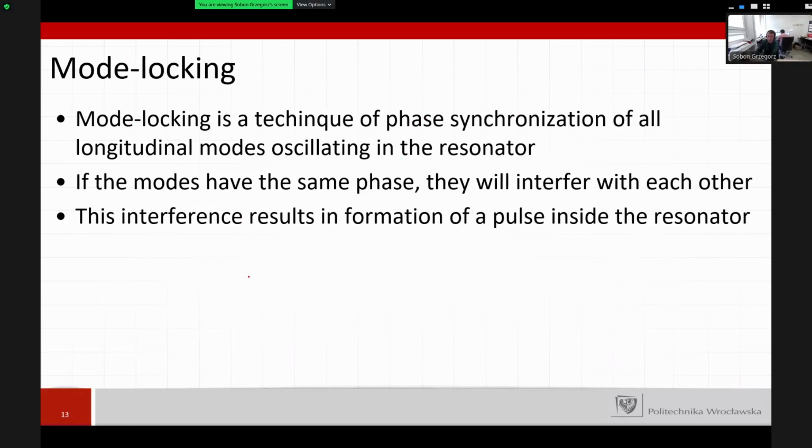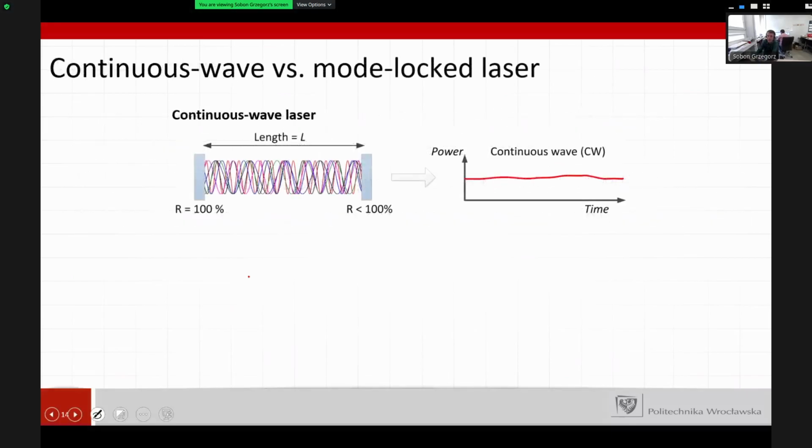Because generally, if we look at the modes oscillating in the resonator in the case of a continuous wave laser, we will see that the modes have random phases. There is no fixed phase relationship between consecutive modes.